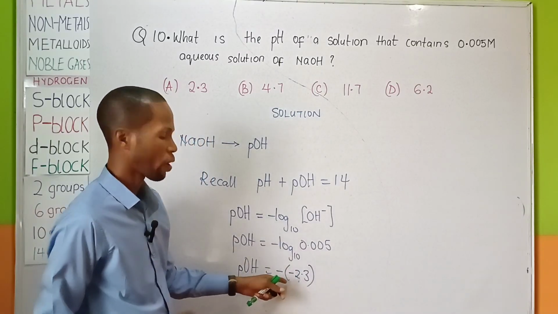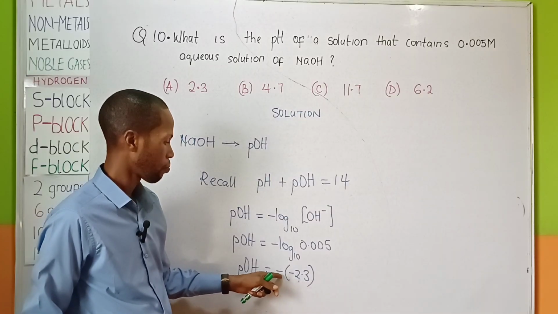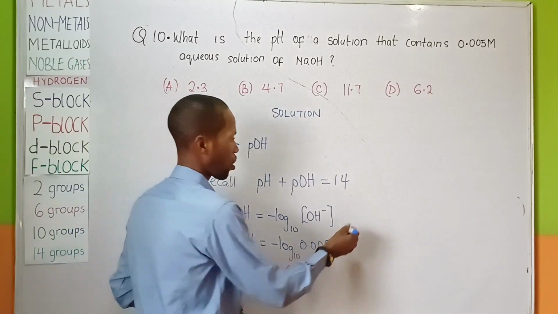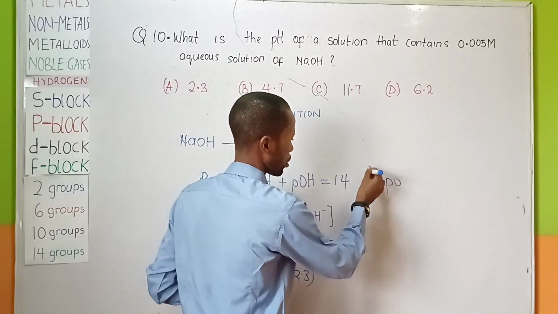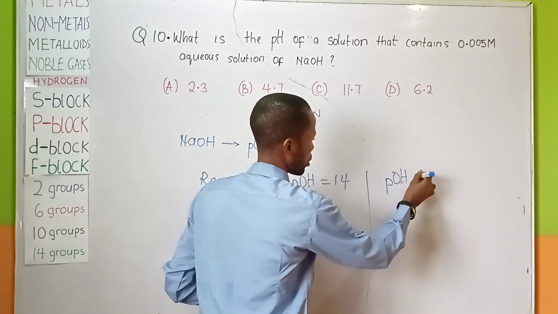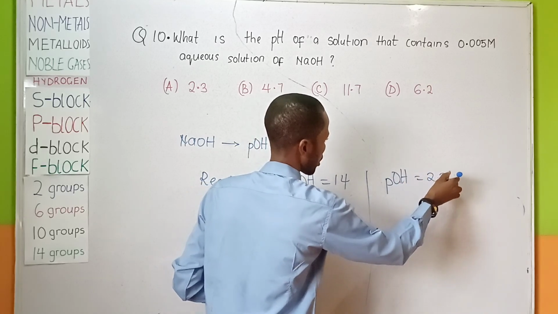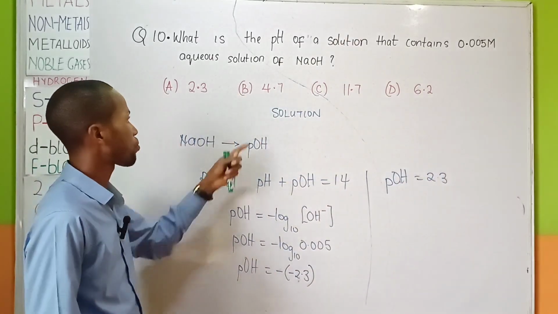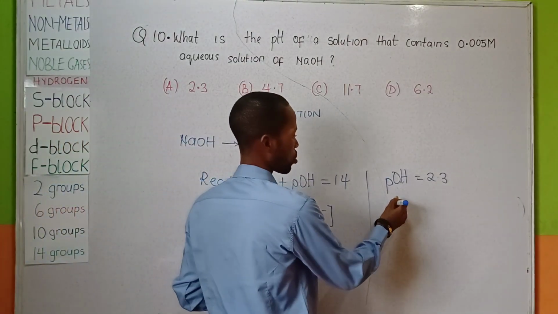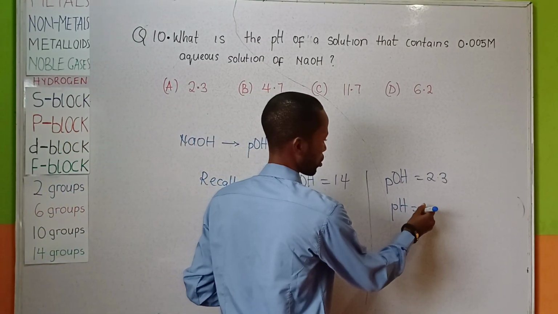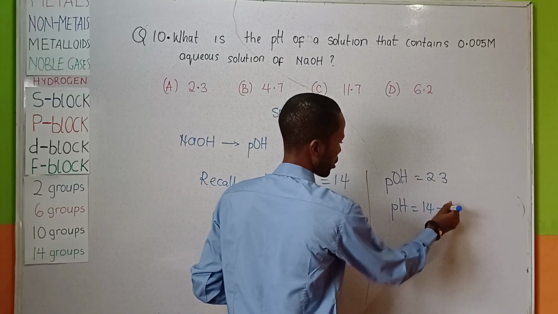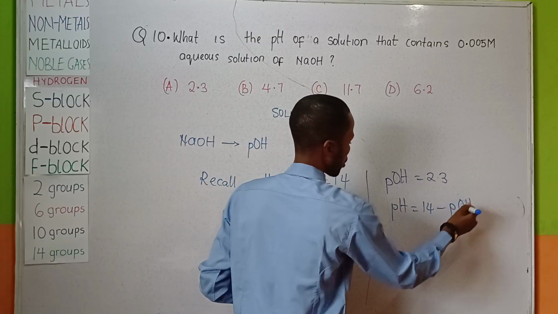Okay, so when we find this, minus negative times negative will give us what? Positive. Therefore, pOH equals 2.3. Okay, so in order to find the pH, the question has actually requested for pH. We need to subtract the 2.3 from 14.